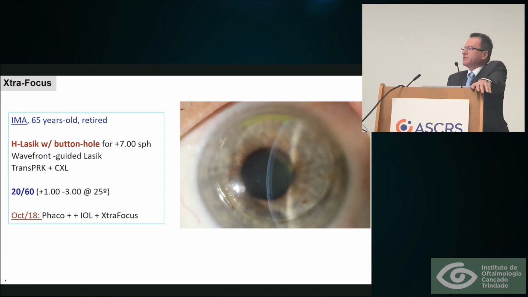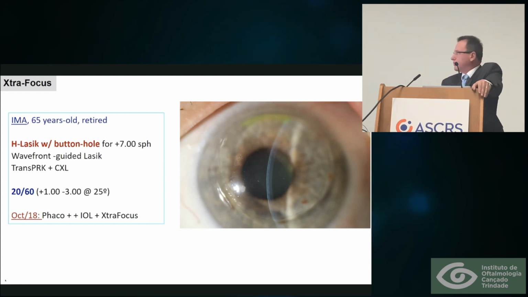Another interesting case is this lady who had hyperopic LASIK for 7 diopters. That's too much for LASIK, but we had some patients who underwent this procedure. I tried to improve her cornea with wavefront-guided LASIK, trans-PRK and cross-linking, but she ended up with poor VA.